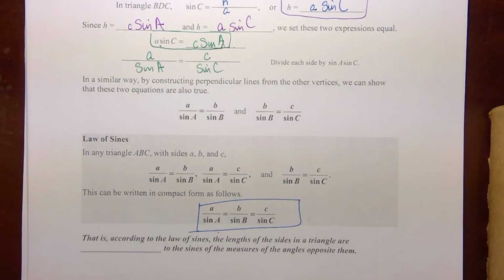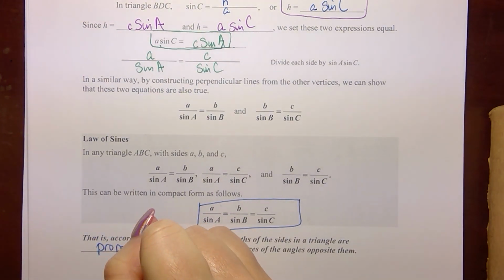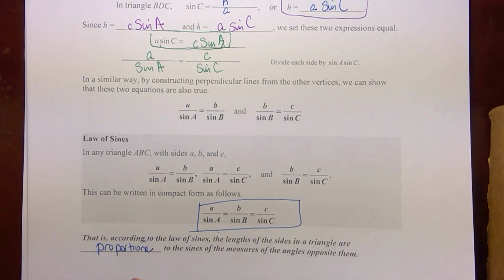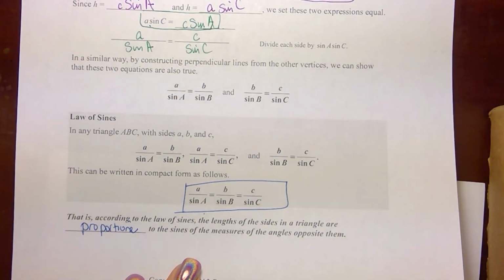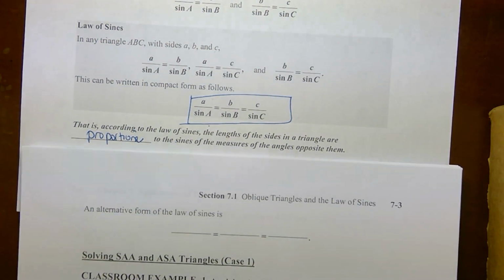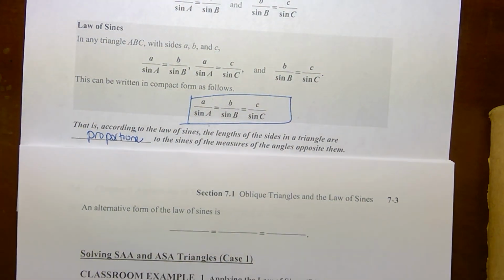The lengths of the sides are proportional to the sines of the measures of the angles opposite them. Now, one thing, I can't adjust these quite the way I like, so it's a little awkward, so we have to switch to the next page. It doesn't matter which direction I write my law of sines in.